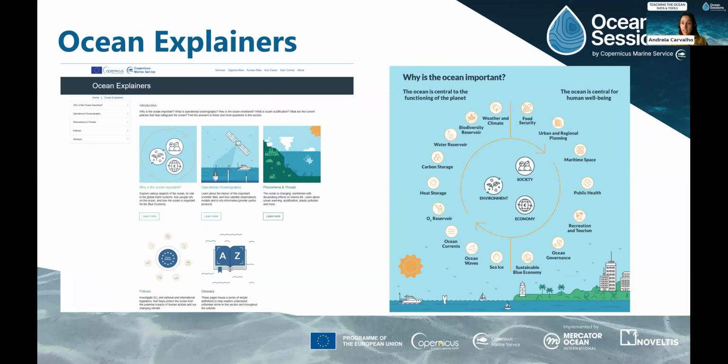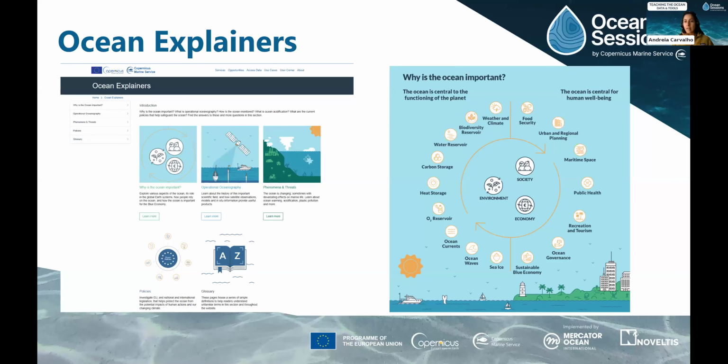So first we have the ocean explainers. These are the very basic information you can find in the Copernicus Marine website. These are informative pages with infographics that will explain from very basic topics, like, for example, what is an ocean wave, to more complex phenomena like ocean acidification or specific currents.